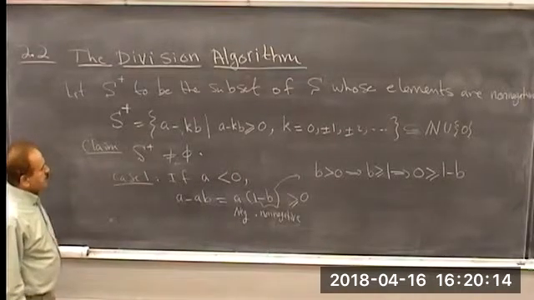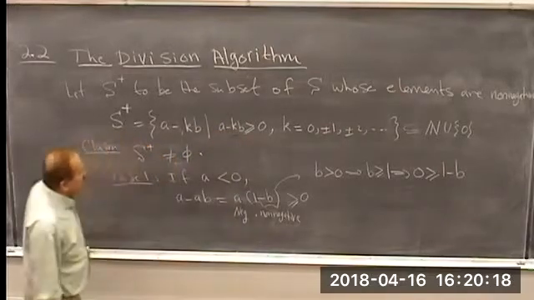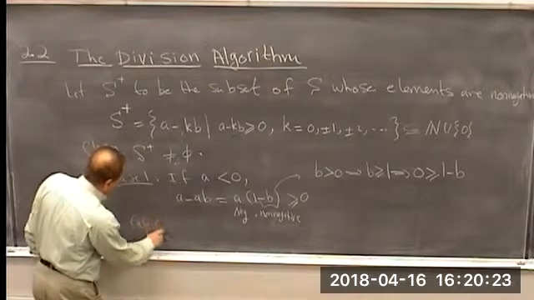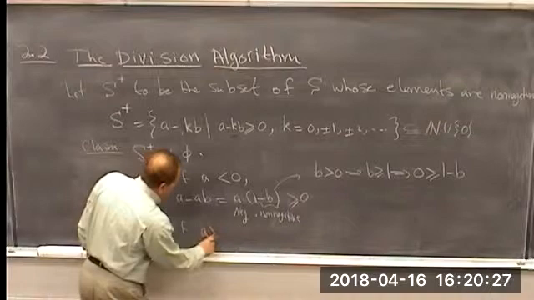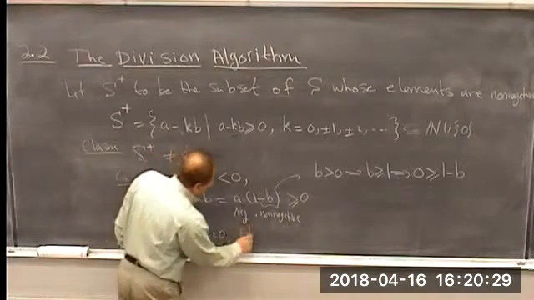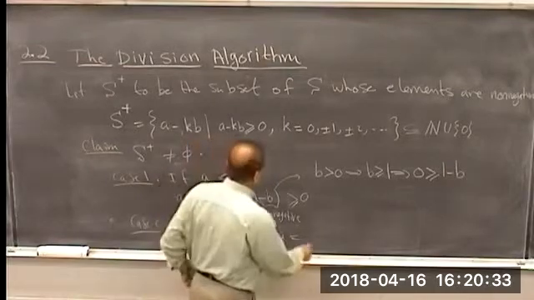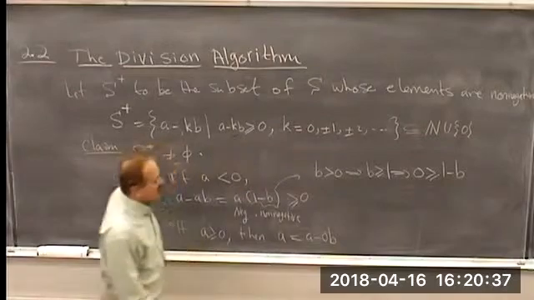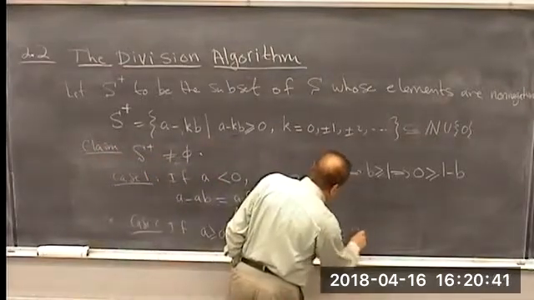This is the way we're defining S plus: those elements which make this bigger than or equal to 0. Case 2, if A is bigger than or equal to 0, then A equals A minus 0 times B, and this belongs to S plus.